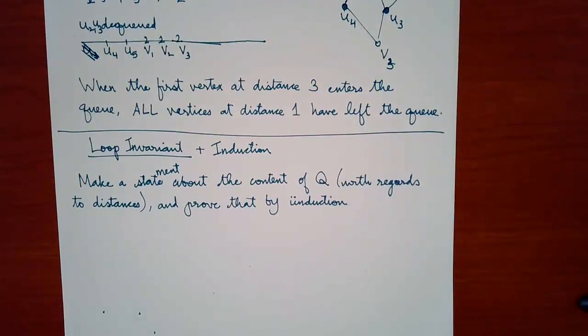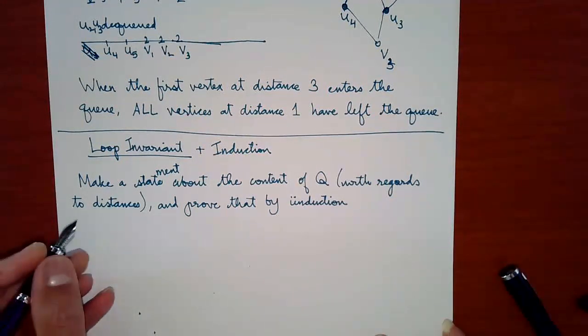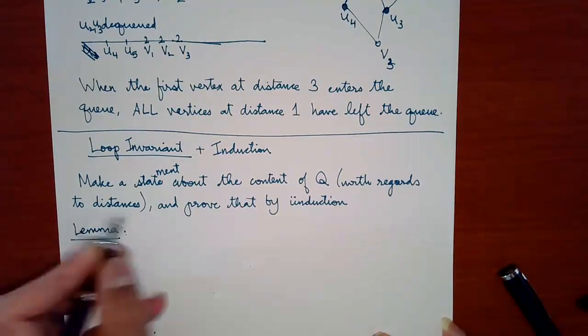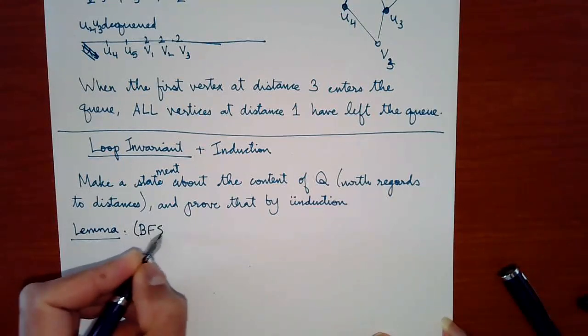Then I will use that loop invariant to prove the main BFS theorem. And then I will talk a little bit about how to prove the loop invariant, but leave that mostly as an exercise. So now I'm going to refer to this as a lemma, which I will call the BFS loop invariant.